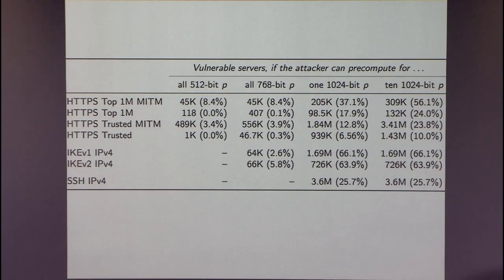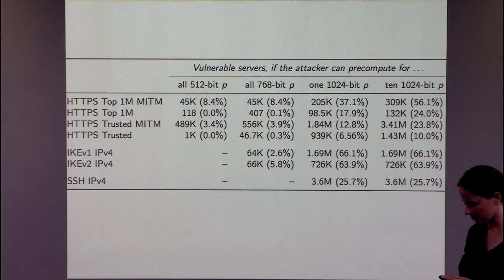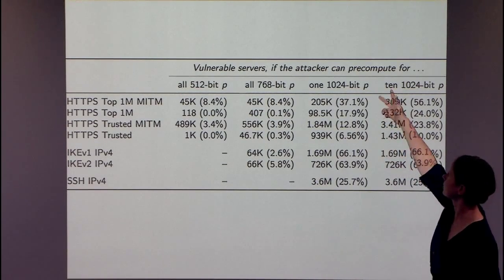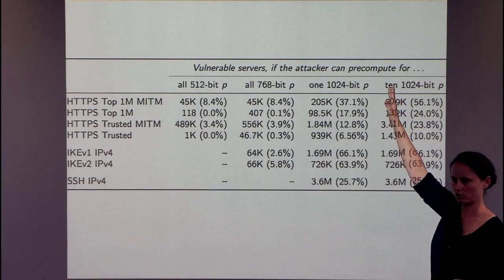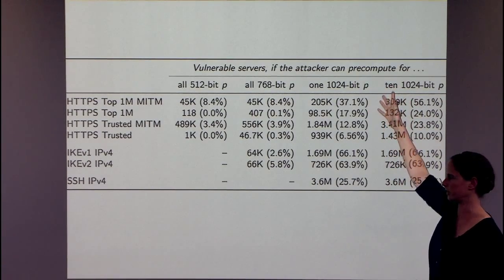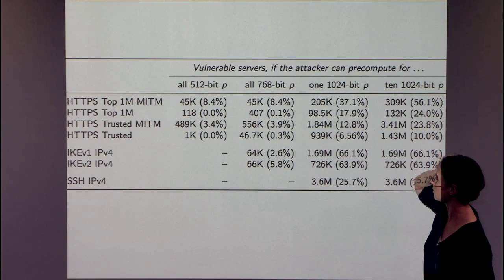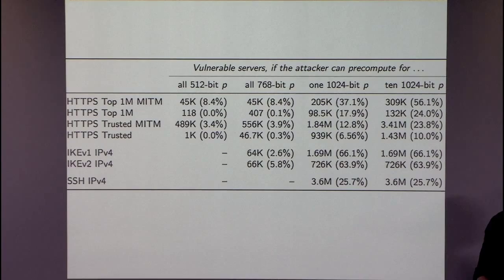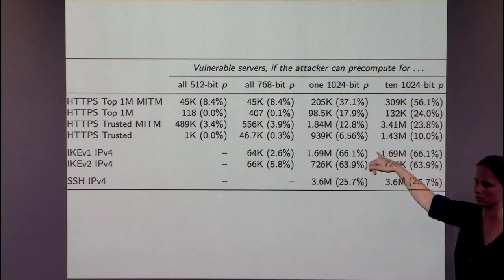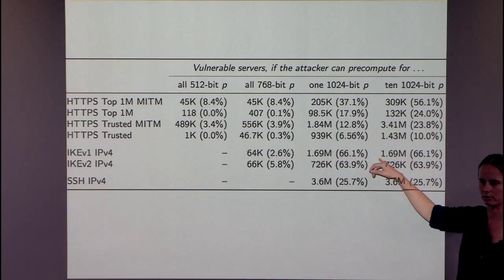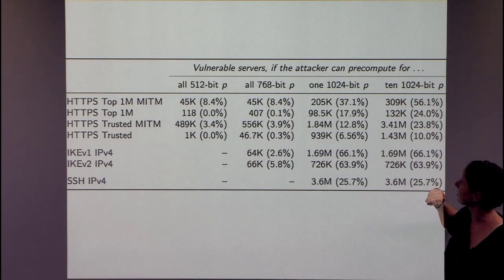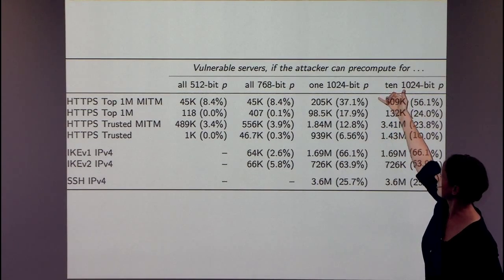So if we hypothesize that it is possible to break a single 1024-bit prime, to do one pre-computation that would take a few $100 million and 1 year, this would allow breaking 66% of traffic to 66% of all of the hosts on the internet that speak VPN traffic. And actually, only doing the pre-computation for a single 1024-bit prime.